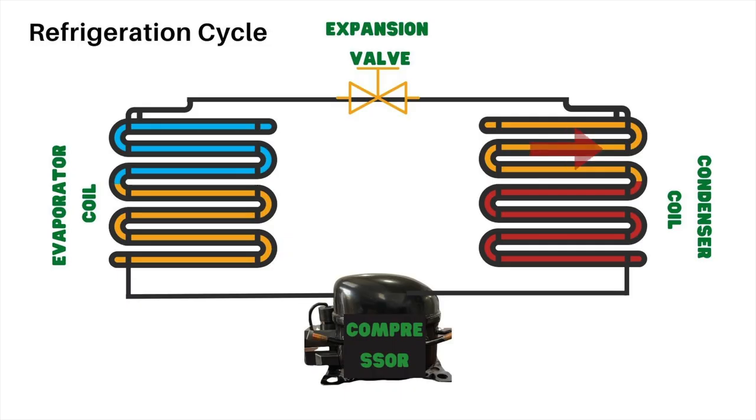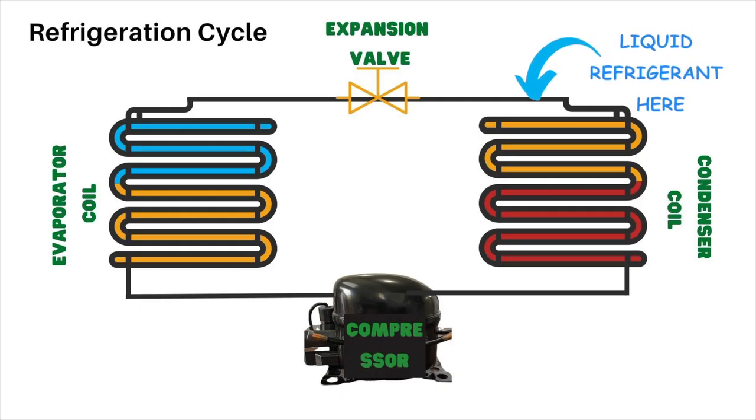Since our refrigerant is much warmer than the outside temperature, the heat moves from hot to cooler temperature. So we dump our excessive heat to the outside. As the refrigerant moves to the end of the condenser coil, now we have liquid refrigerant, because as it loses its temperature, the gas starts to become liquid, but the pressure doesn't change.